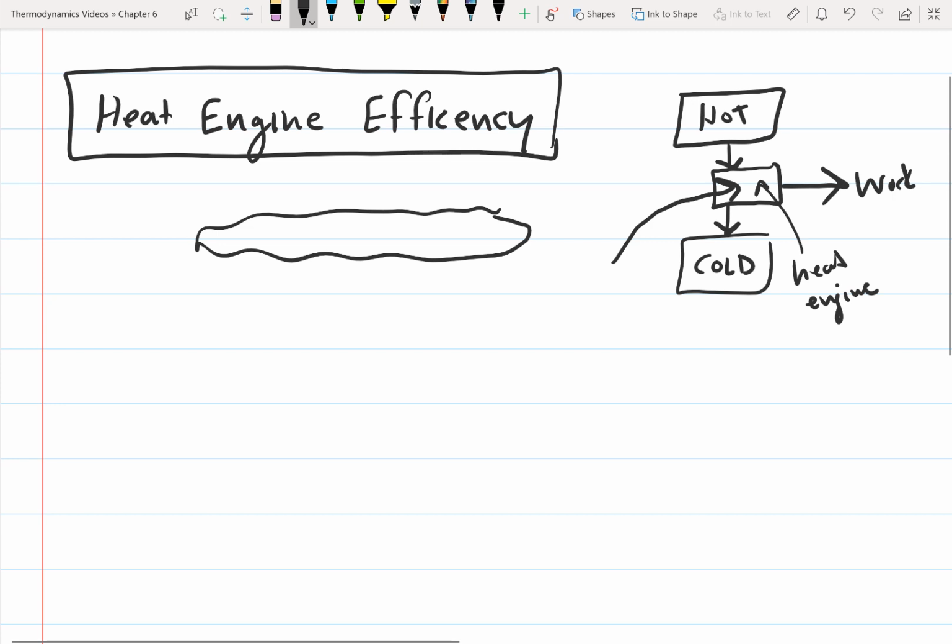And this is what we're going to eventually use to determine if our process, our heat engine, violates the second law. Because remember, the whole point of the second law is that the first law basically says that we can have a process like this. The first law says that we can have a process that transfers, say, heat from the cold side to the hot side with no work input. And we know that that doesn't happen.